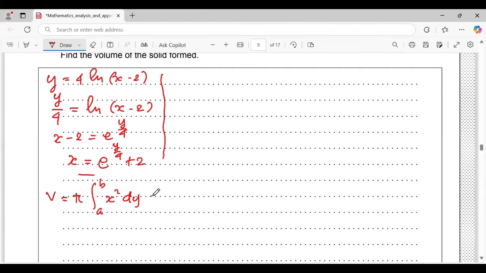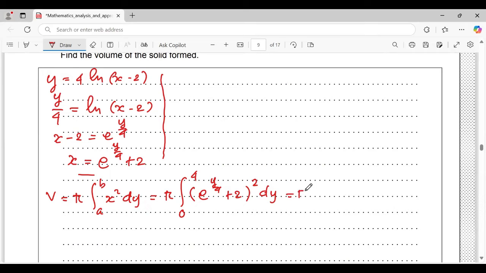So it becomes π integral from 0 to 4, because the interval of y is 0 to 4, and x equals e power y over 4 plus 2, squared, dy.